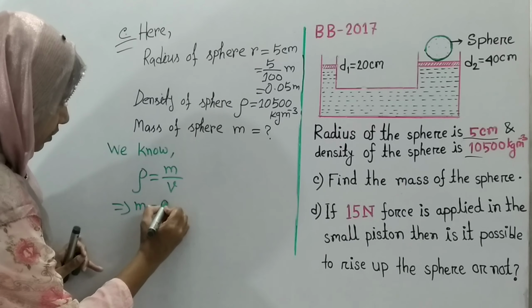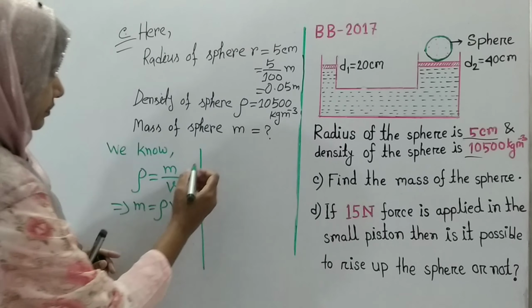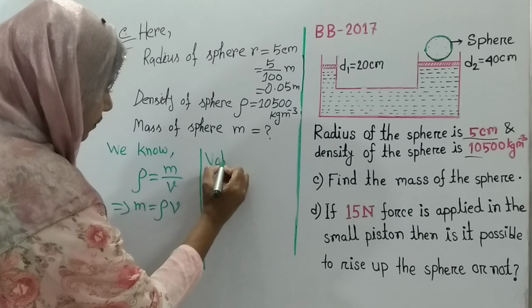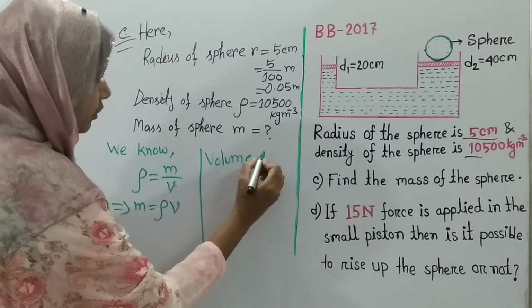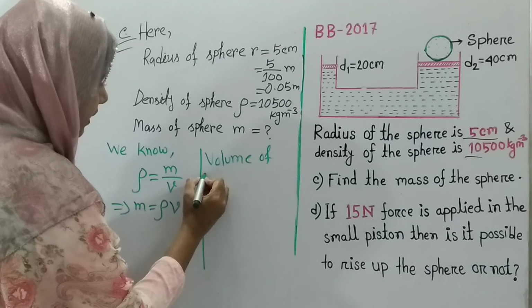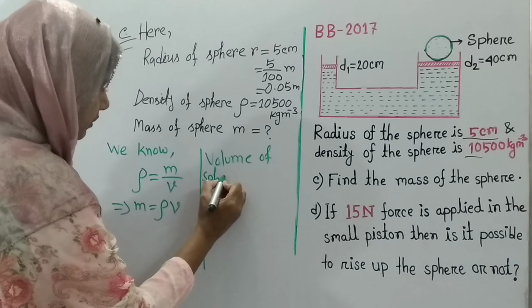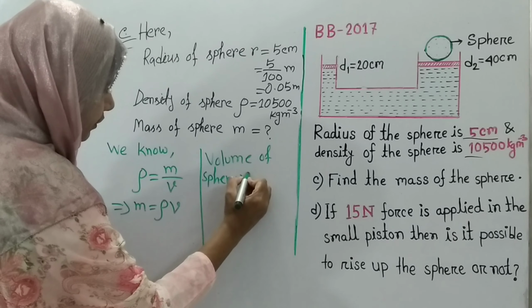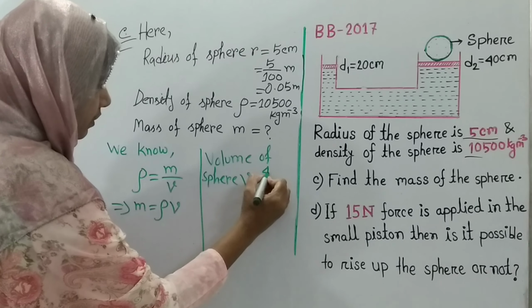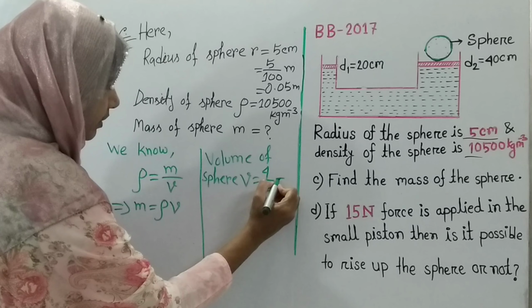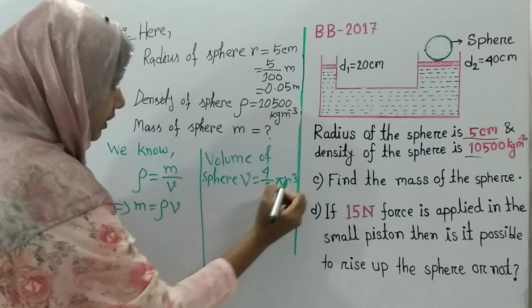Now here the volume of the sphere, v equals 4 by 3 pi r cube.